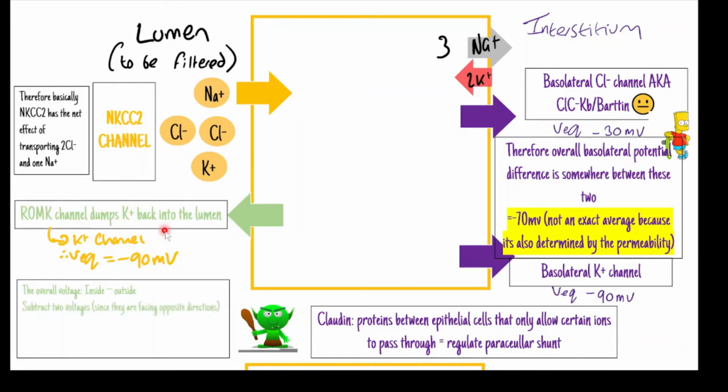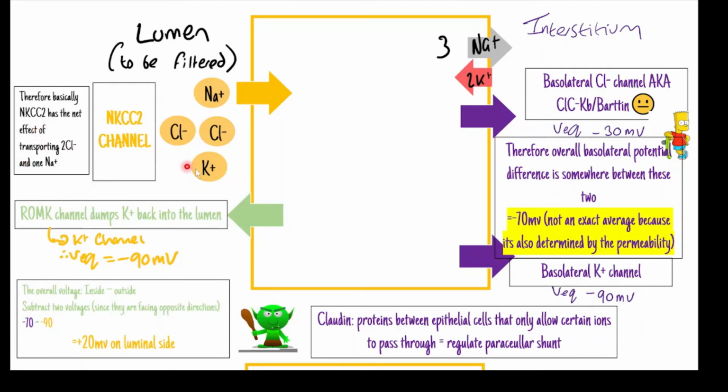Well, because these channels are facing opposite directions, you subtract them from each other. So you do minus 70, minus, and then minus 90. And you end up with 20 millivolts on the luminal side. So in your luminal side, your potential difference is 20 millivolts.